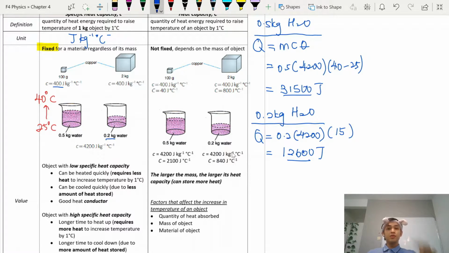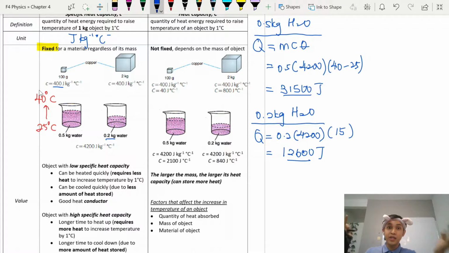So going back to the earlier example, one small one and one big one. Logically, the one that has less mass will have its temperature increase faster, because I use less heat to increase the temperature. Whereas the bigger one requires a lot more heat energy before its temperature increases.